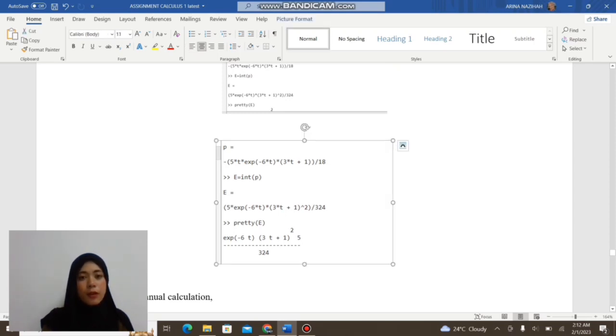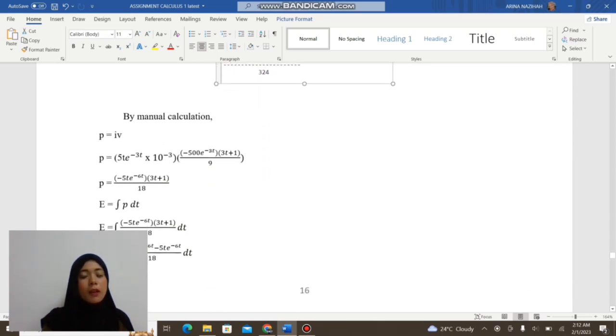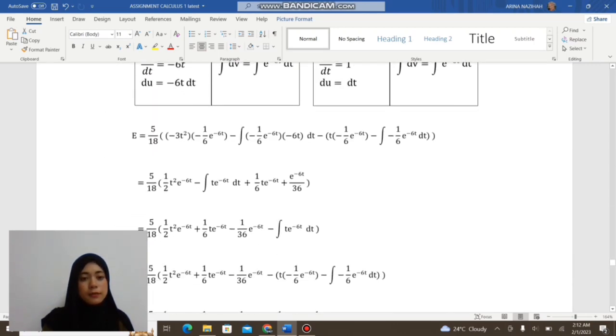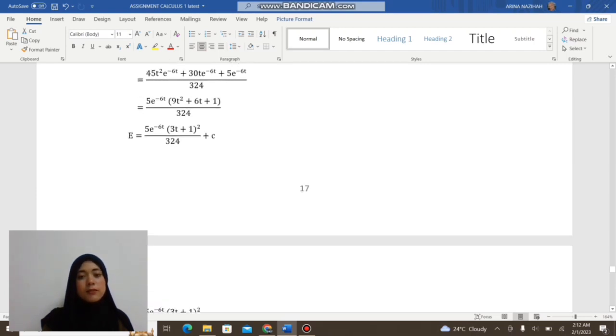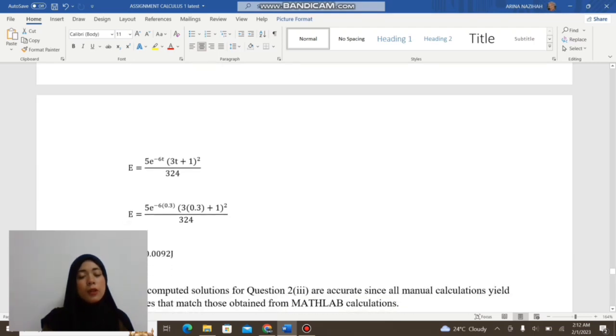We continue from this to this. By manual calculation, we use P equals IV. So we got the answer E equals 5 e to the power of minus 6t times open bracket 3t plus 1 close bracket to the power of 2 over 3 to 4 plus C. And then we continue.